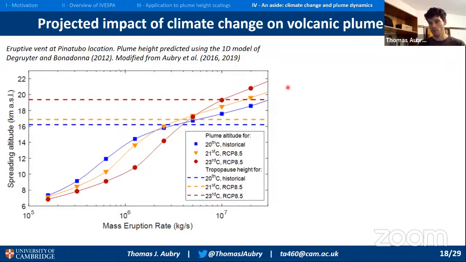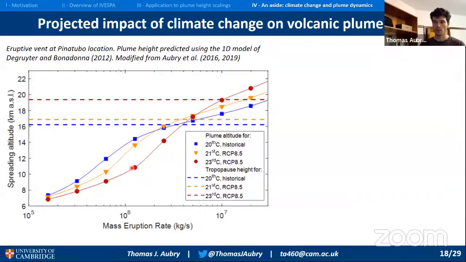Now, if you think about plume dynamics, as Earth is warming, the atmospheric conditions in which volcanic plumes are rising are also changing. So that could affect the altitude reached by volcanic plumes. This graph shows the spreading altitude as predicted by a 1D plume model for an eruption at the Mount Pinatubo location as a function of the mass eruption rate. The blue line is under present-day climate, or late 20th century climate.